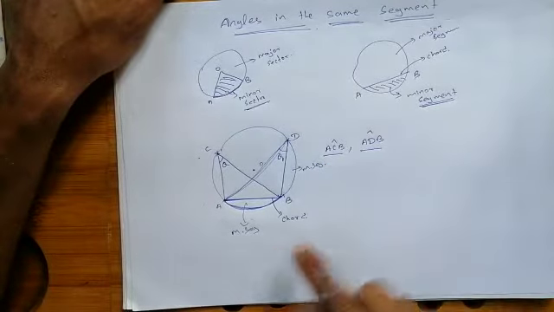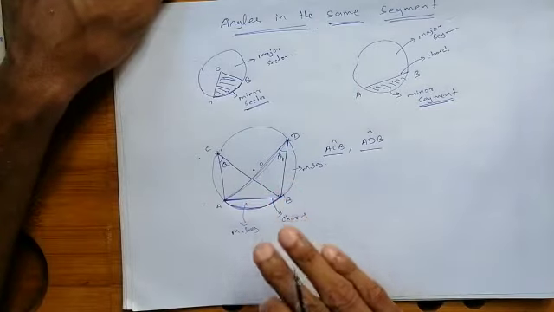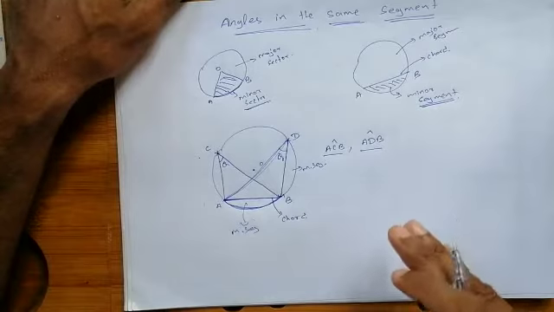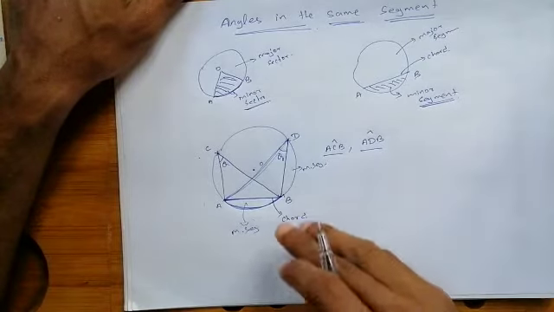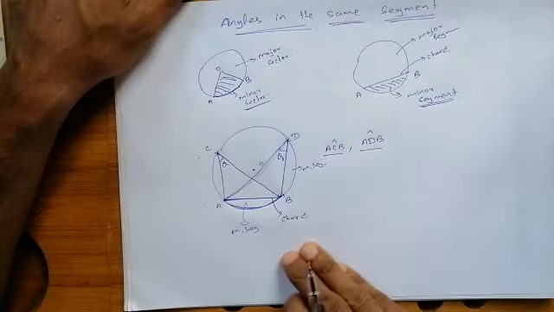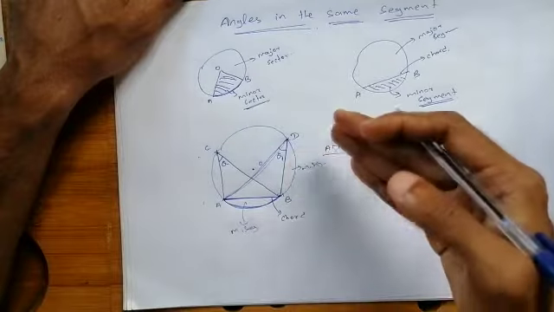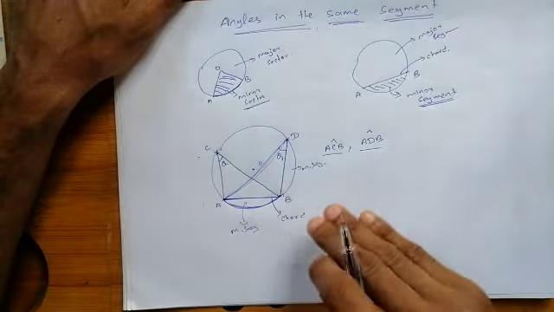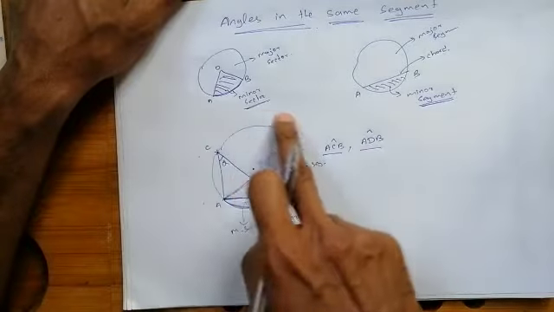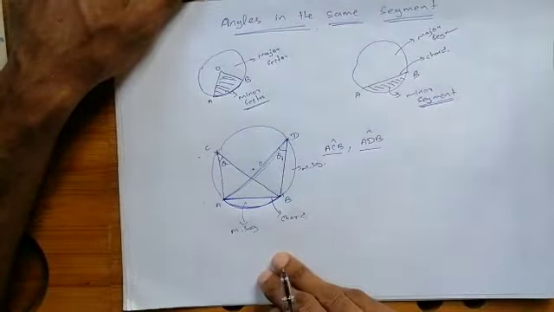Likewise, as in the first theory, the AB arc is creating the angle, but the position of the subtended angle changes, as in the same segment. So AB divides the circle into major segment and minor segment. The subtended angles ACB and ADB are on the same segment, the same side of AB.